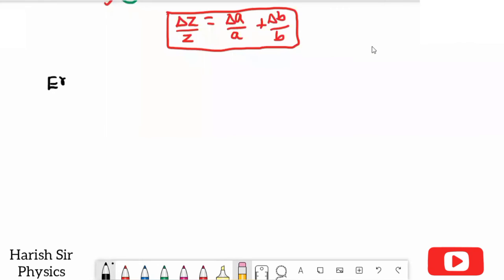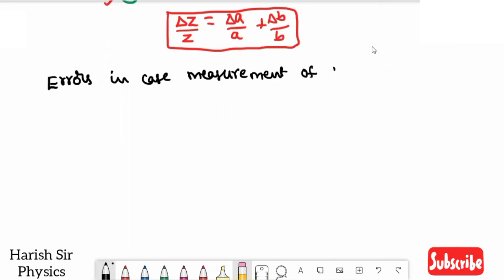Next one, errors in the measurement of a quantity raised to a power.